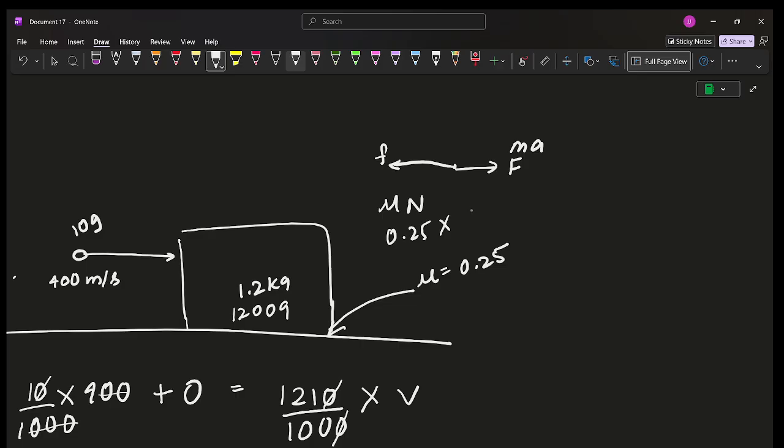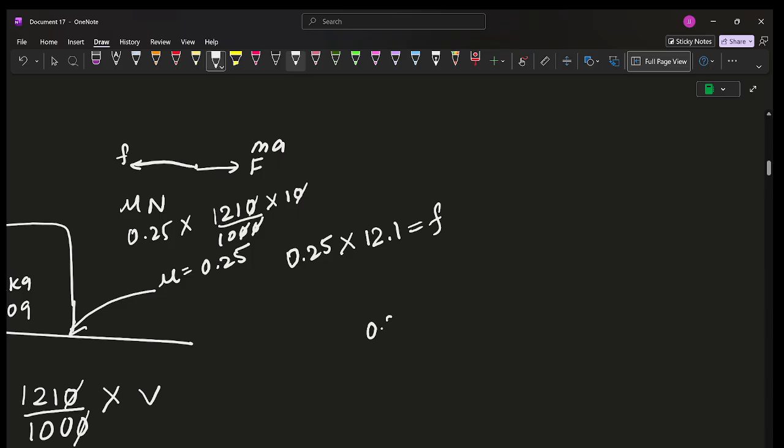N is what? Do I consider both the system? Yeah, if I do it, I have something like this. And if I equate that, I just need to find the distance, isn't it?